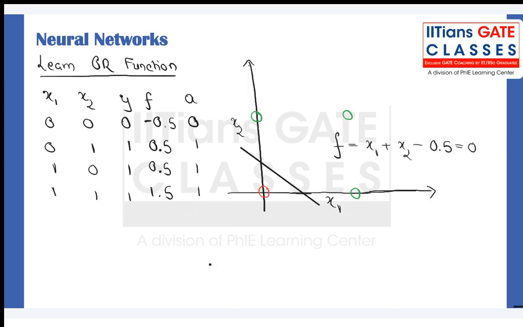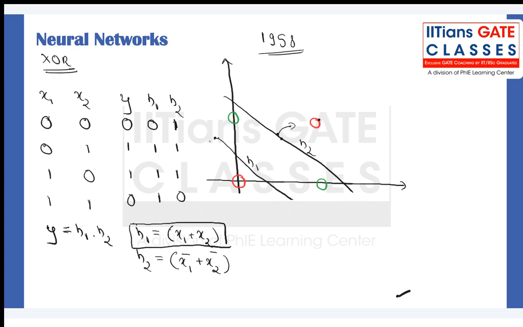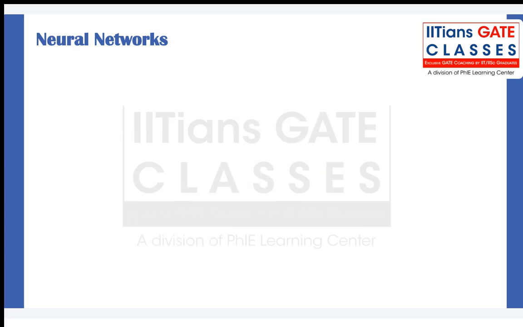Okay, and for the NAND gate, again it becomes very simple. Whatever I have for the AND gate, if I just take the minus of the AND function, that is the NOT of it, then I can get the NAND gate. So which means my neural network will now look something like this.